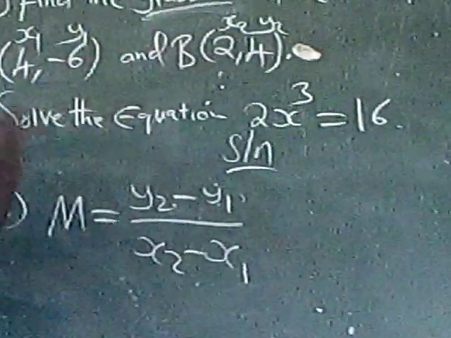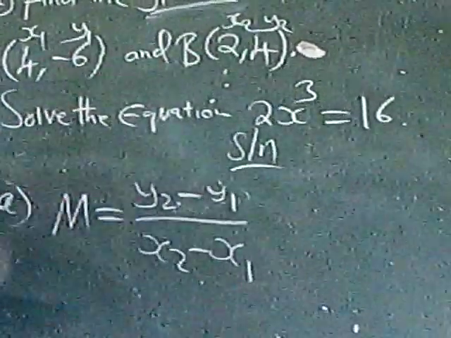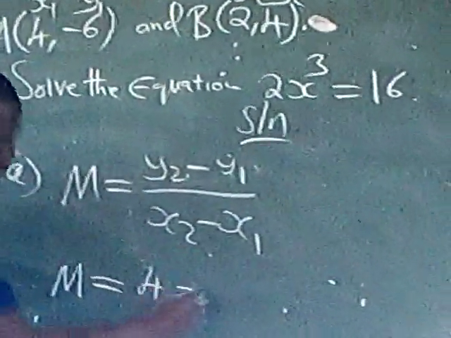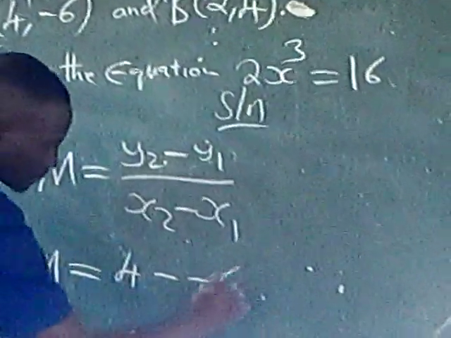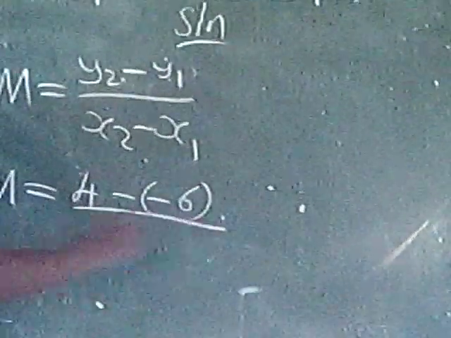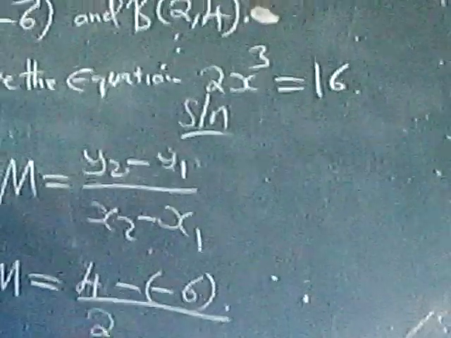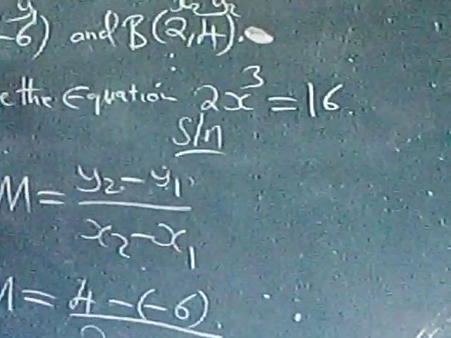Once you do this, it's the matter of plugging these 2 points into the formula. So you check, y2 is your 4, minus y1. y1 is your minus 6. Everything divided by x2. x2 is a 2. You are following the formula. Minus x1. x1 is 4.